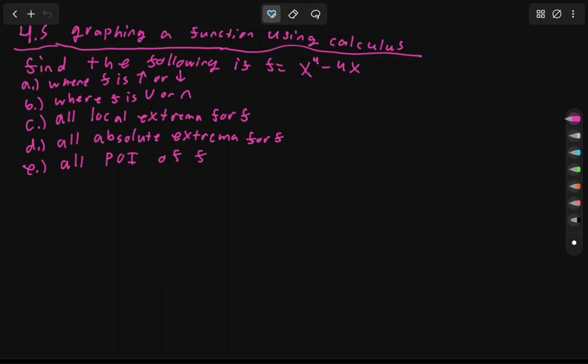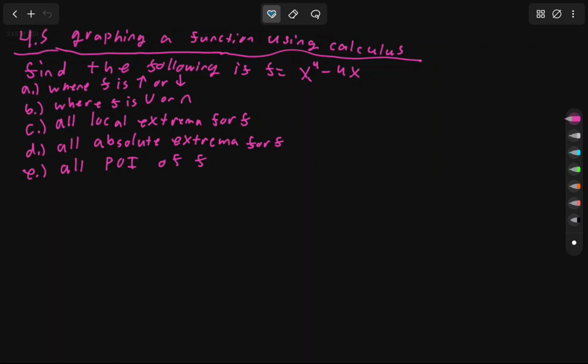And calculus gives us the tools that we need to really broaden that out and find these areas of issue. Really, it helps us fill out the graph. So today we're going to be going through how to graph things using calculus.